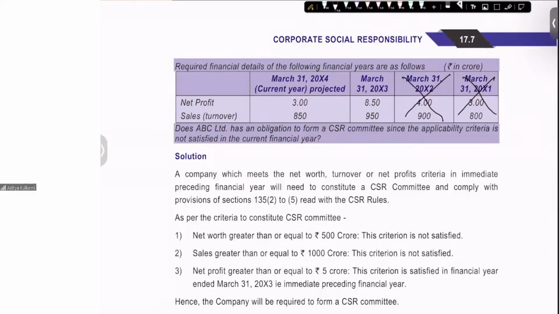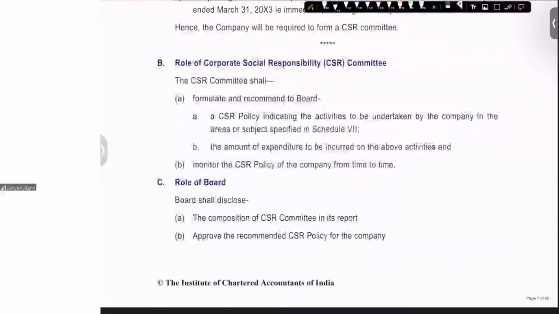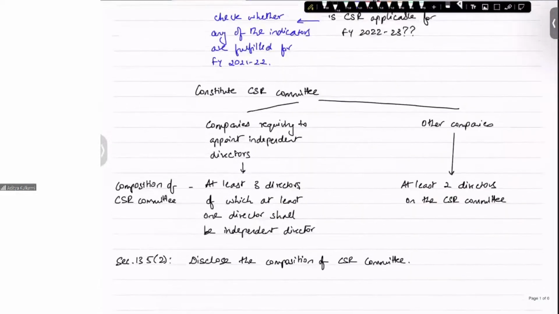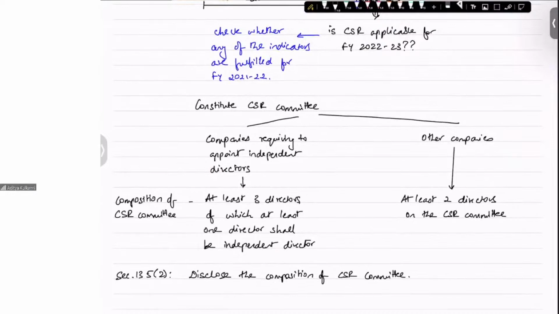So now when this is applicable, so 135.1, if you fulfill that condition, what is the next step? What is the next step? The moment you are falling under the ambit of corporate social responsibility, you are having an obligation to form a CSR committee, to constitute a CSR committee.